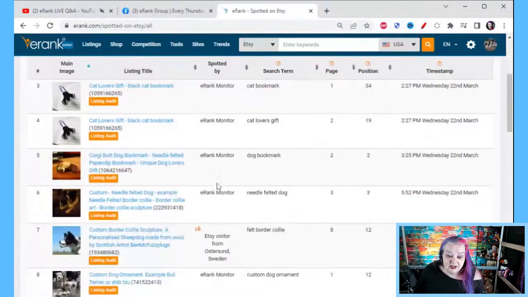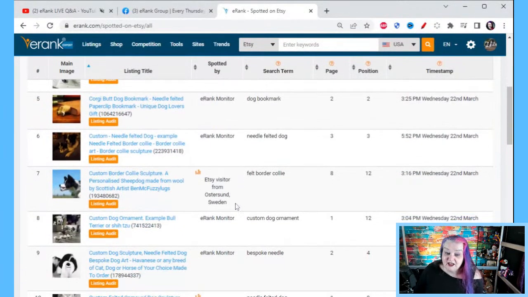Now we have the other thing here. We said spotted by Etsy visitor. Now what this is, because I have Google Analytics connected up to my Etsy shop and I connected that to my eRank account, this is eRank using my Google Analytics data to tell me at that time on that day, this listing of mine was seen from an actual visitor on Etsy from Sweden, awesome, searching for the exact term felt border collie, and they're a very patient person, and they clicked through 8 pages of the search.